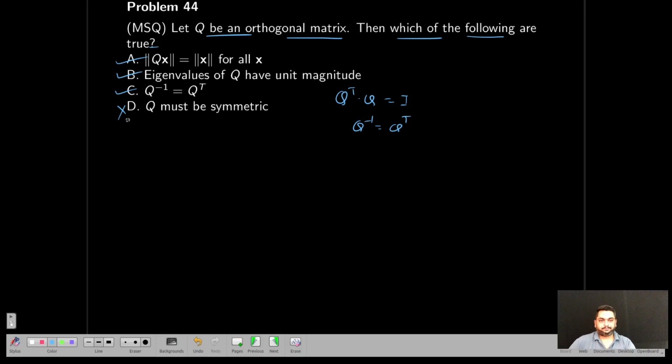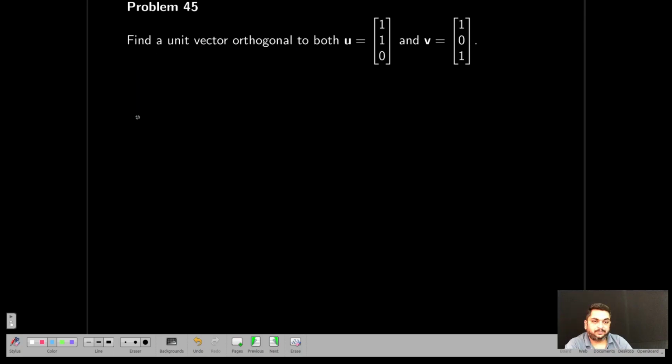Find a unit vector orthogonal to both U and V. So we find a new vector W which is orthogonal to U and orthogonal to V. So W dot U should be equal to 0. Let us say W is X, Y, Z and U is 1, 1, 0.